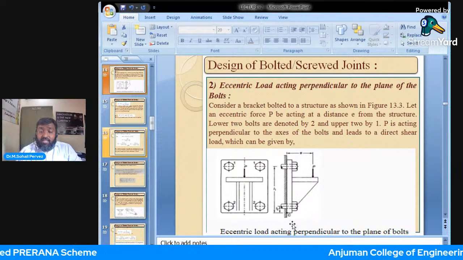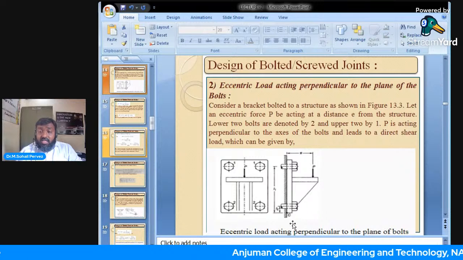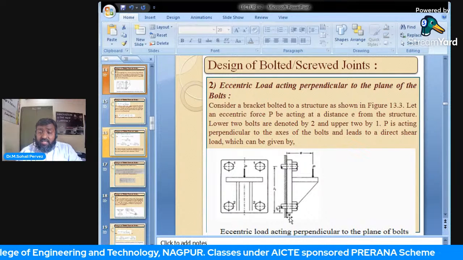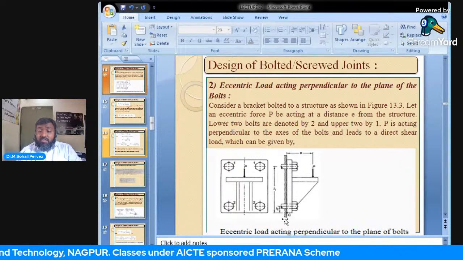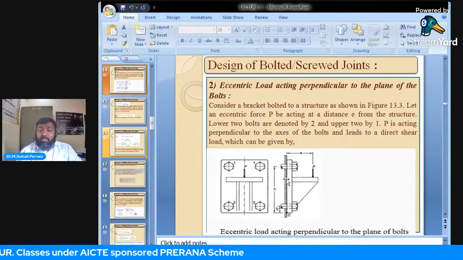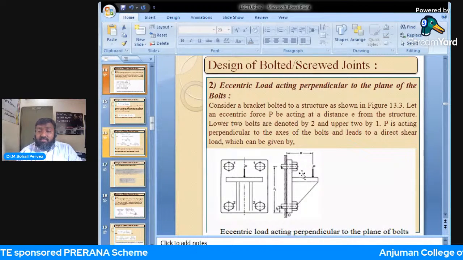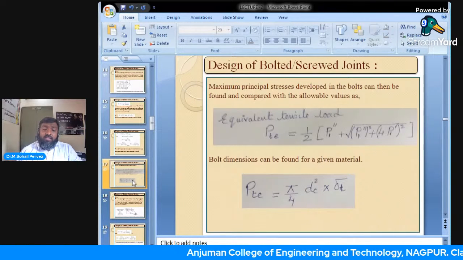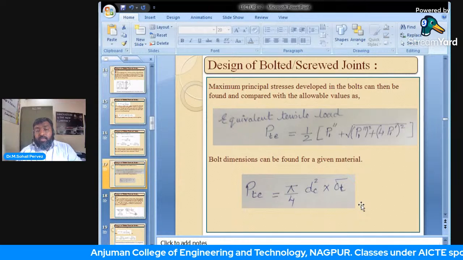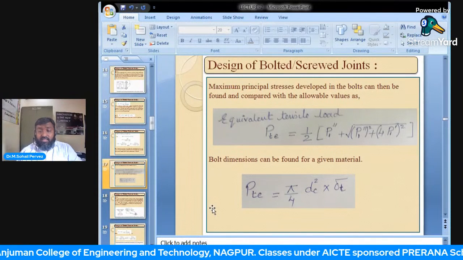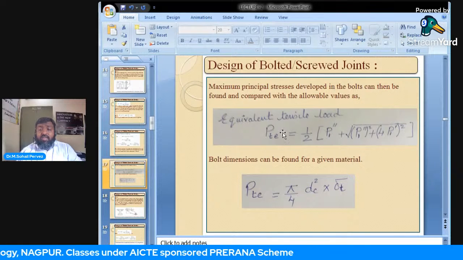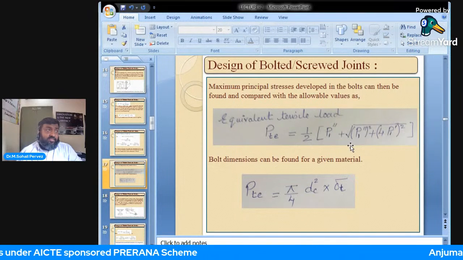But secondarily, at this tilting edge, the turning moment is P into E. Because the tilting edge is nearer to bolt number 2, that is L2, and the farthest end is L1, the maximum tension will be developed along bolt number 1, and that is represented here in this equation. Hence, we have to calculate the equivalent tensile load, and this is the case.